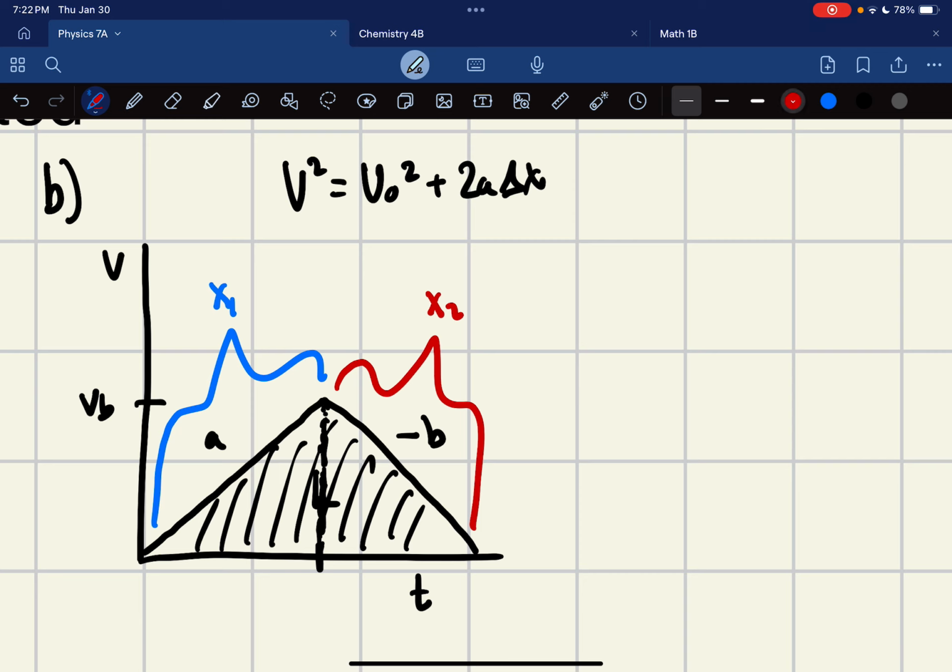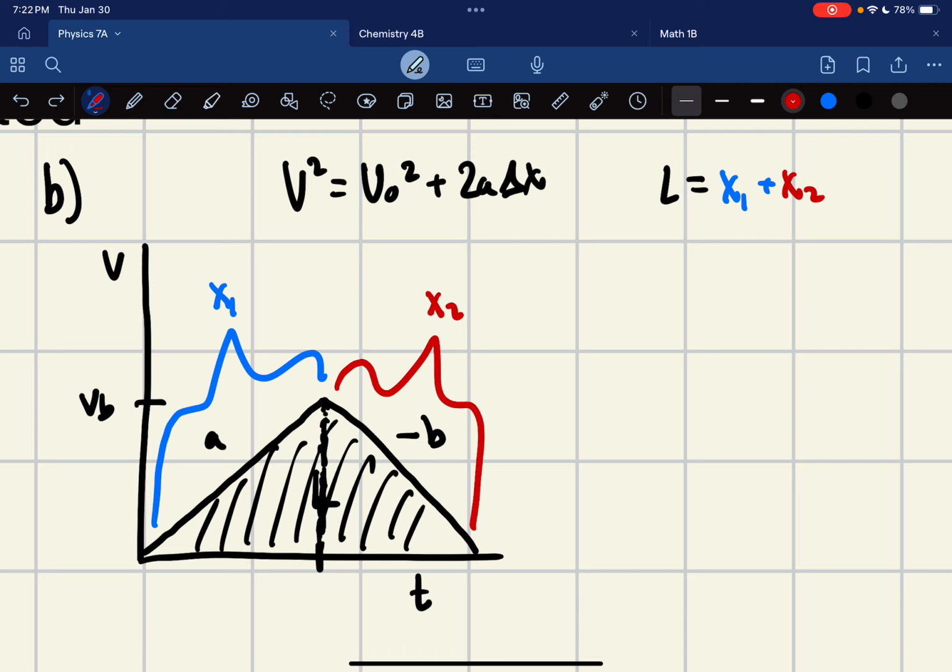The relationship I'm giving is the length equals x1 plus x2. By doing this, I'm able to split up the change in x into two pieces. I'll just put them back later, but this will let me have two clear equations for each part.